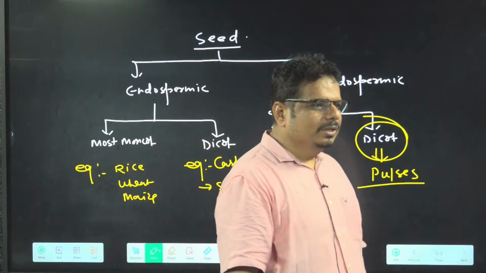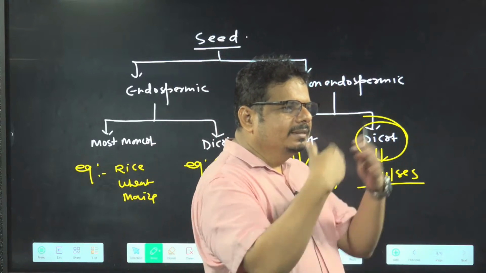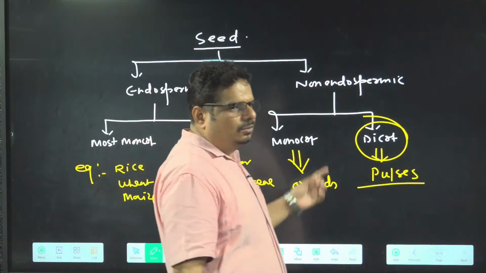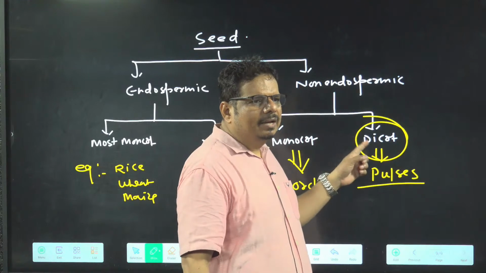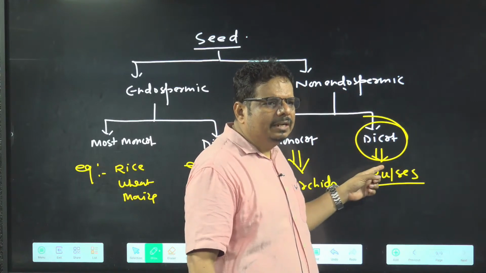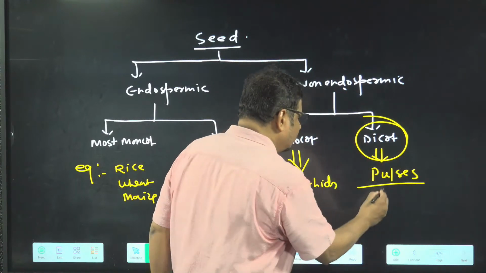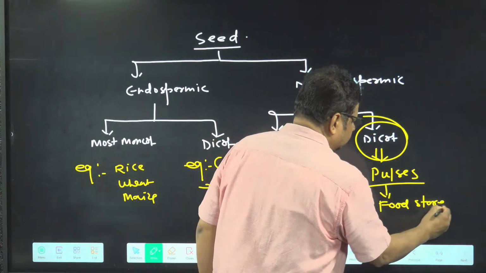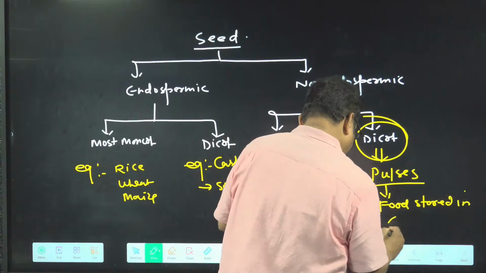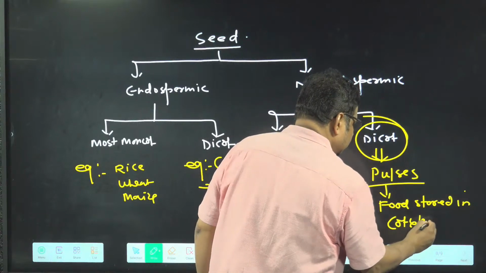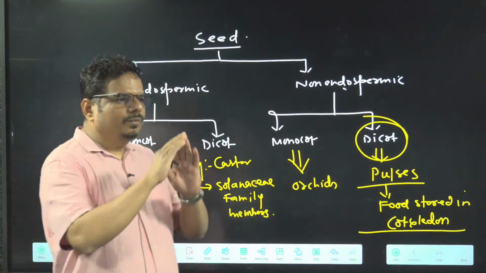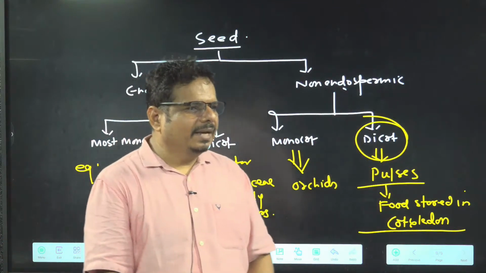Dicot seed. You say pulses, pappu. So dicotyledonous is there. Pappu is dicot and has which one? Food stored in the cotyledon. In pulses, food is stored in the cotyledon. So seed is over. Done?